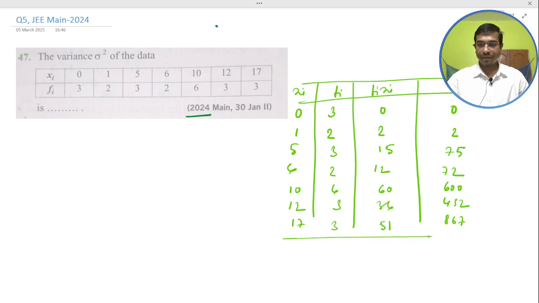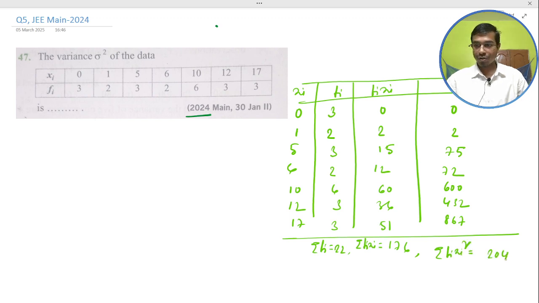So summation over fi. This would become what? 22. Summation over fi xi. This would become what? Just sum. 176. Summation over fi xi square. This would become 2048.